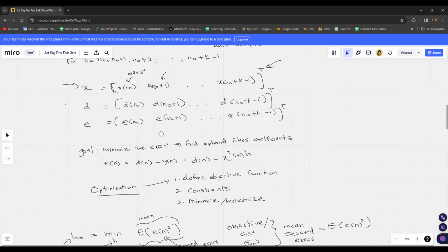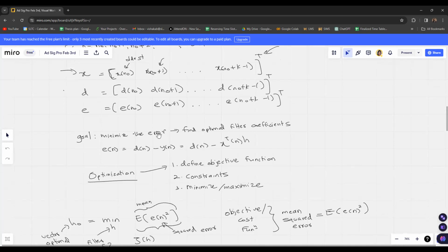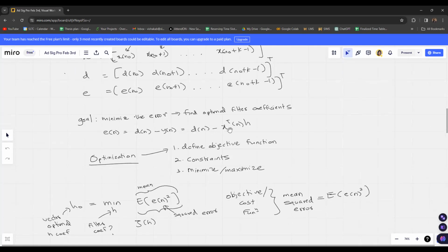And then we want to calculate the error signal, which is the difference between the desired signal and the output signal of the filter. The goal is to minimize the error, as I always say. So we have to find the optimal filter coefficients that will enable us to reach that target. In order to do that, we have to make a relationship between the error and the filter coefficients.